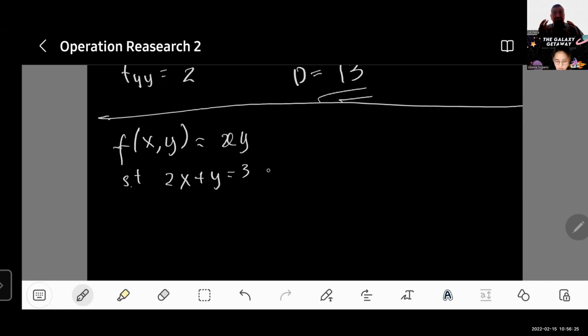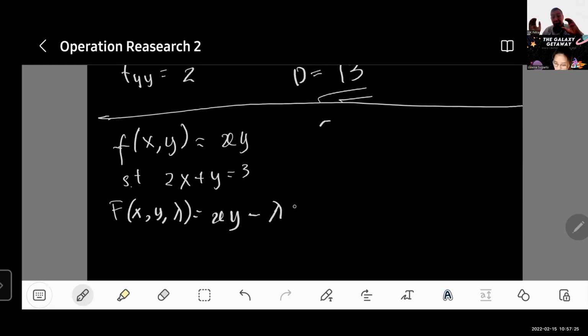Now you create what is called the Lagrangian function. Let's call this capital F. You create capital F, a function of x, y, and lambda, which is equal to the objective function, x multiplied by y, xy, minus lambda multiplied by the constraint.